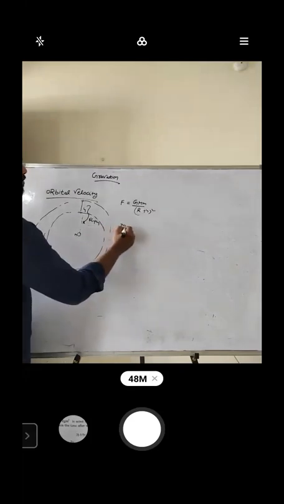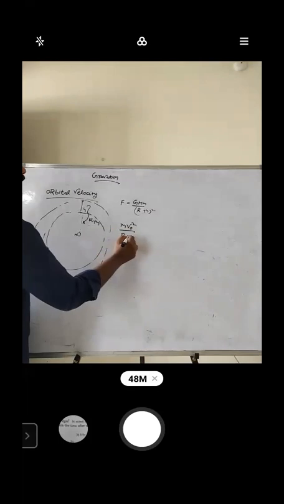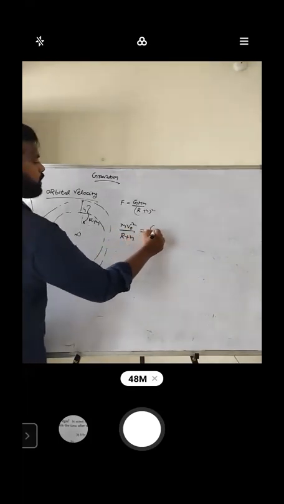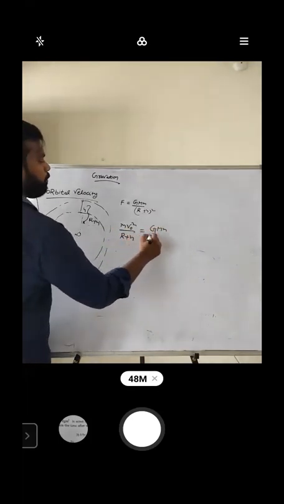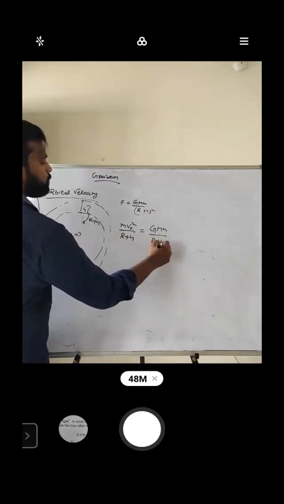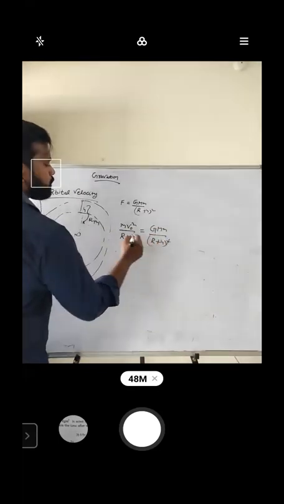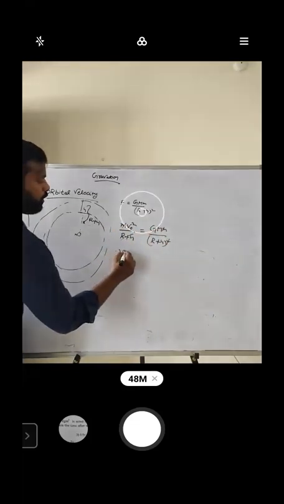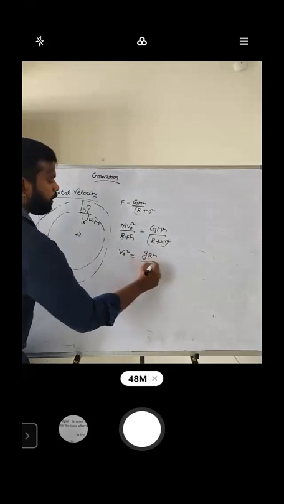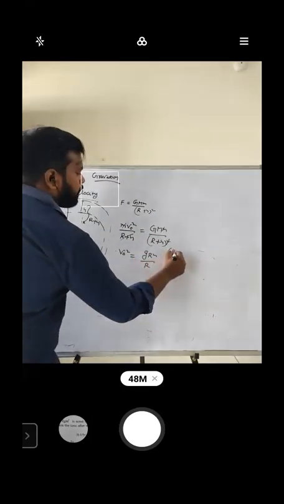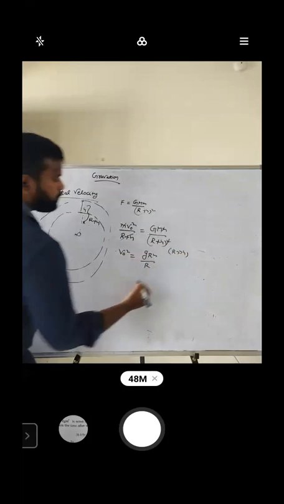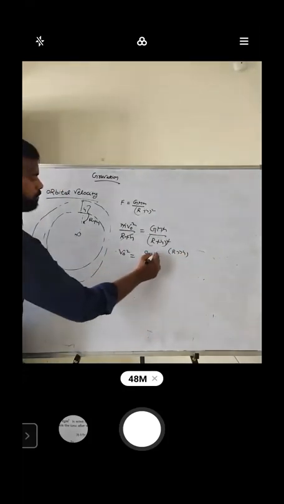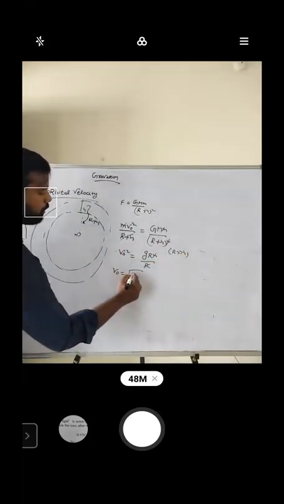The force is mv square by R plus h, equal to G capital M small m by R plus h whole square. The squares get cancelled. So V naught square equal to gR square by R. We take R greater than h, so h is neglected. So V naught equal to root gR.